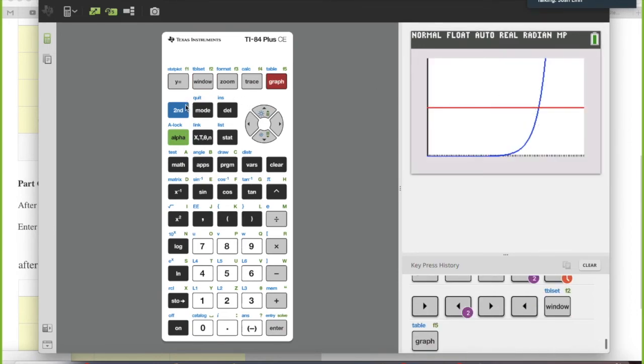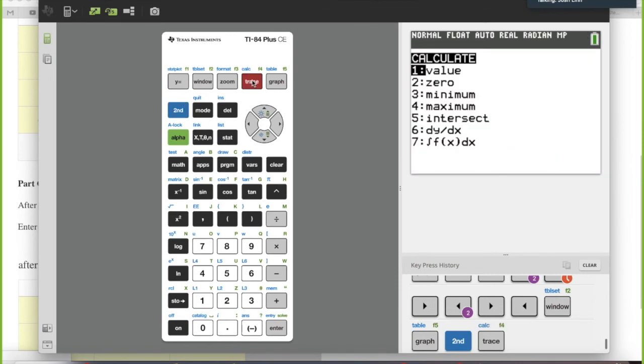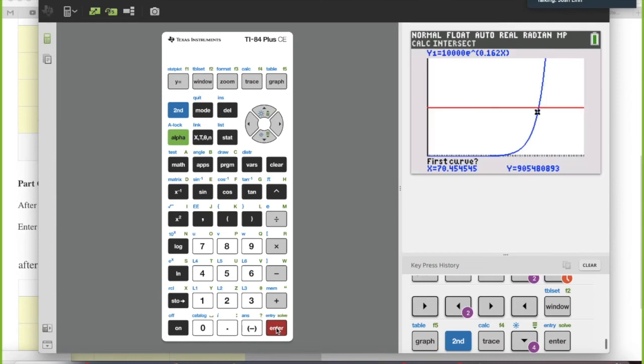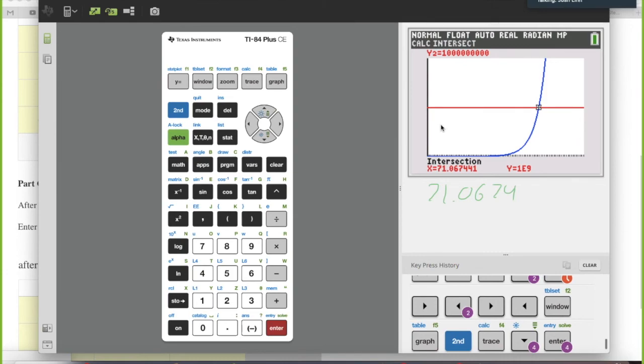So then you can come up here to calculate. You want to figure out where they intersect. That's your first one, that's your second one. Intersection at 71.0674, and then y is 1.